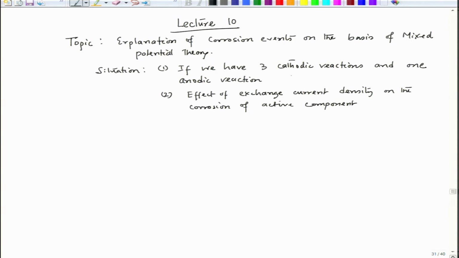In this case, it is very clear that in a system we have 3 cathodic reactions and 1 anodic reaction. In lecture 8 and 9 we talked about 2 cathodic reactions and 1 anodic reaction. And the second situation we will consider is the effect of exchange current density on the corrosion of active component.